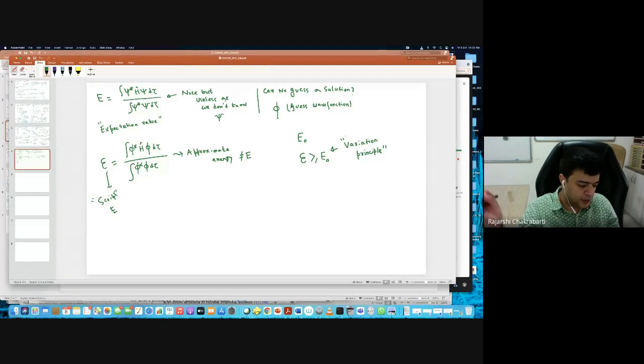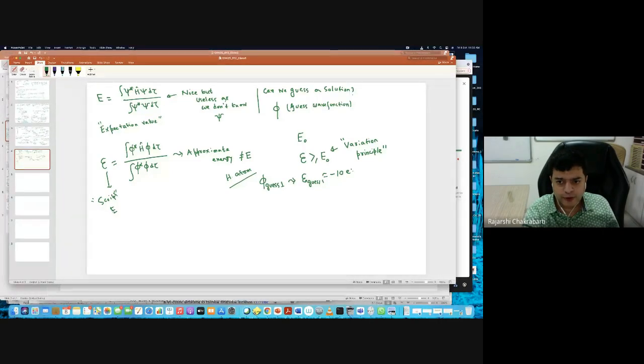So for example, if you guess one wave function, phi guess 1, that gives you energy, say for the hydrogen atom. I know the exact solution, but I guess something and then do this energy calculation and I get minus 10 electron volt.